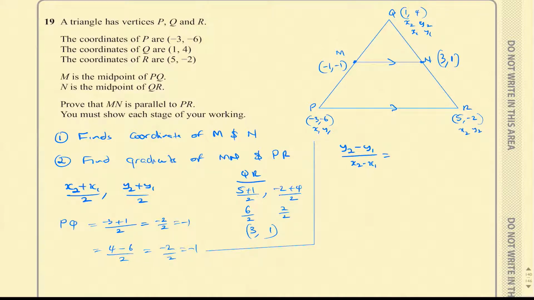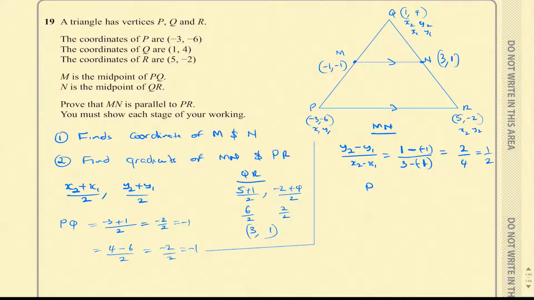That's the formula we're using. For MN, it will be 1 minus -1 over 3 minus -1. That becomes 2 over 4, which is a half. So the gradient for MN is a half.